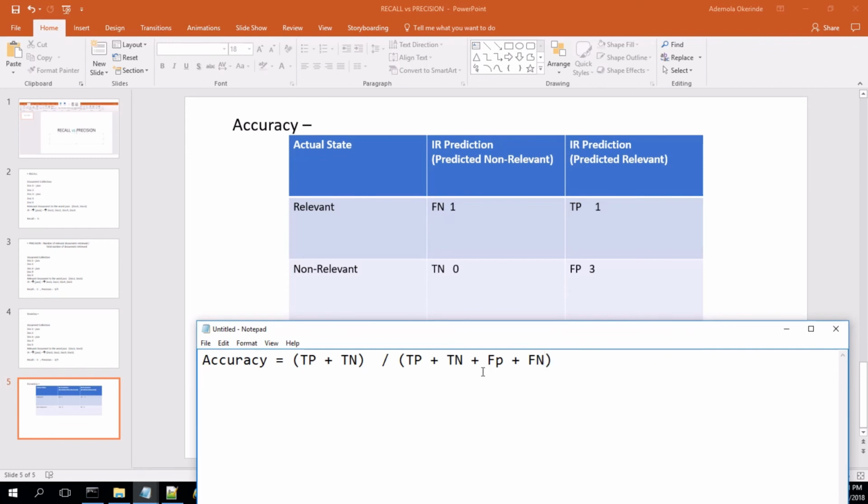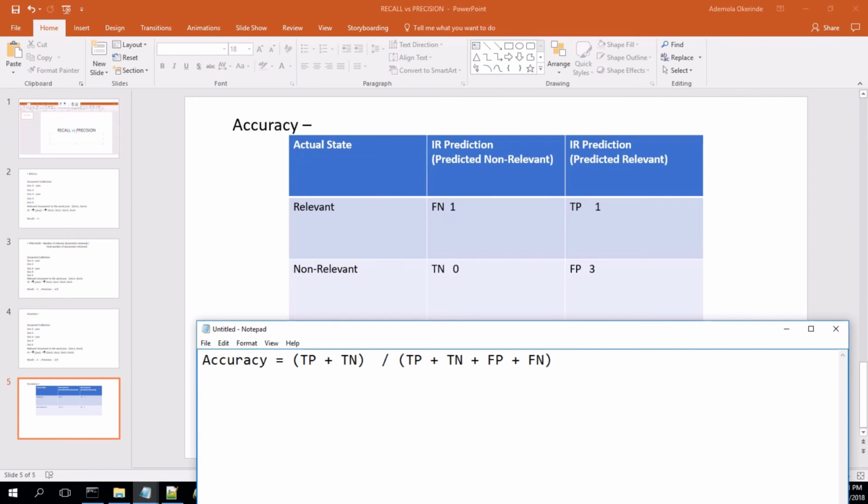That's the formula for calculating our accuracy. Or instead of saying all of these, you can just say the total number of documents. Any one of them will work.